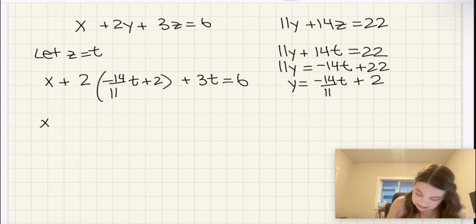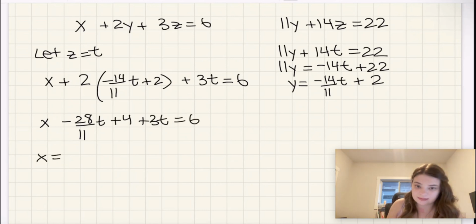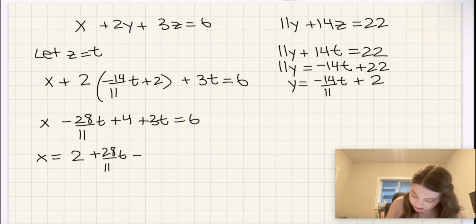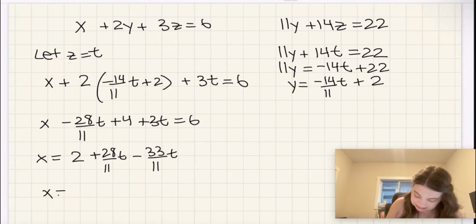So that means x minus 28 over 11 t plus 4 plus 3t is equal to 6. If we get everything on the other side, we're going to end up with 6 minus 4, which is 2, and then plus 28 over 11 t, but minus 3t, which 3t is the same as 33 over 11 t. And then we get that x is equal to negative 5 over 11 t plus 2.